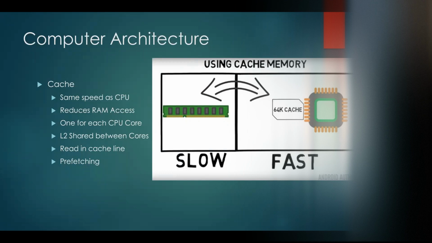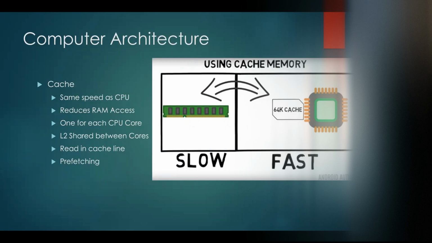So this is stuff that I'm sure you're all familiar with, but just to make sure we're all on the same page. As multi-core CPUs came along, each CPU core got its own level 1 cache. So if we have a quad-core CPU, each one of these 4 cores is going to have its own tiny piece of memory, specifically for the data that it needs to process.